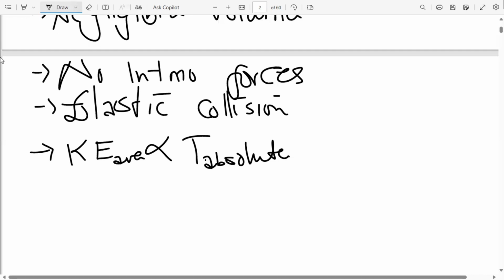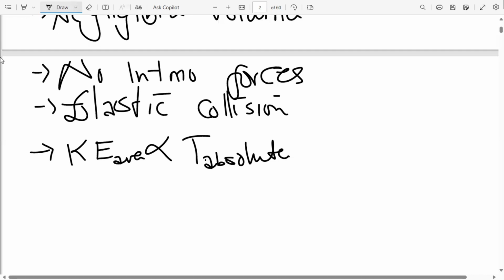If you want to describe an ideal gas in your own words, you can simply say it is a theoretical gas whose molecules have no intermolecular forces and undergo perfectly elastic collisions. So when I'm talking about the ideal gas law, I'm going to describe an ideal gas as a gas that has no intermolecular forces and undergoes perfectly elastic collisions.